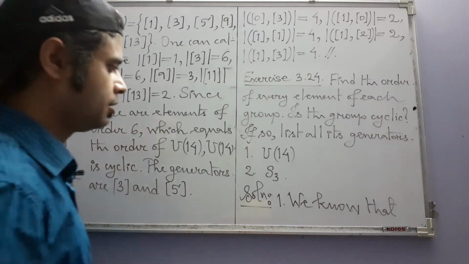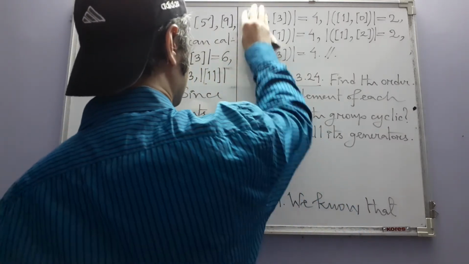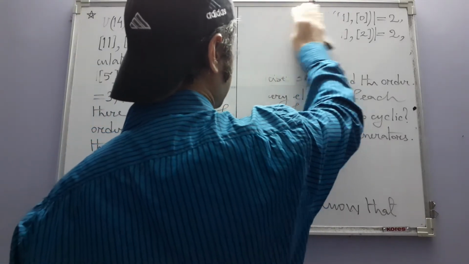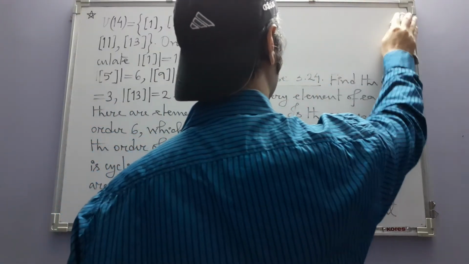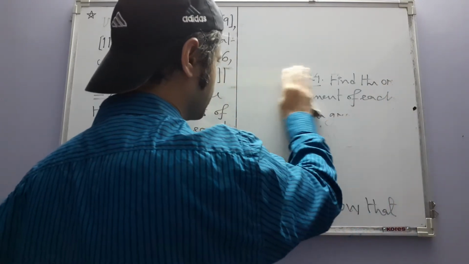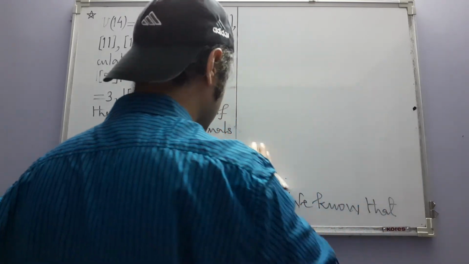Next, we come to the symmetric group of degree 3. Here, somewhat surprisingly, although this group is non-abelian and the previous one U14 is abelian, the calculations are somewhat easier than this one.